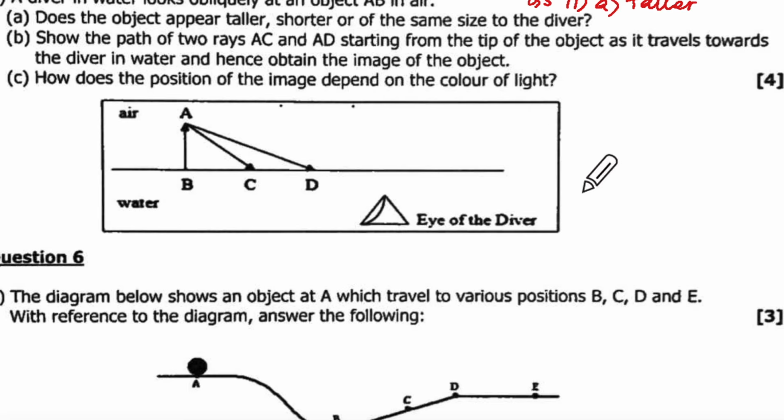So you will have to show the diagram. When you show the diagram, you will have to show first this line and show the object. But from the object, you will have to show a reference line like this. Don't show the eye of the diver.